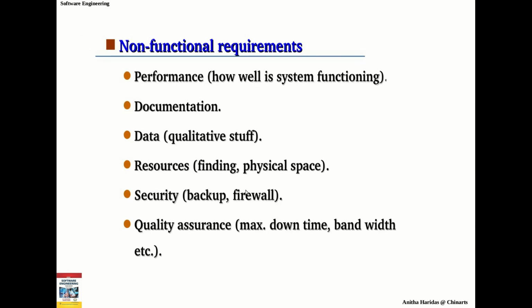Then the documentation. This is one of the very important components that comes in a software. We have already seen software is not only the program, it includes the program, documentation as well as the manual.